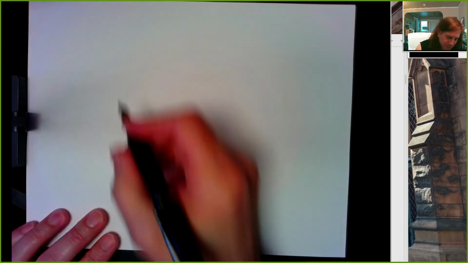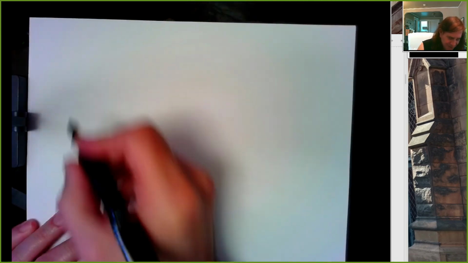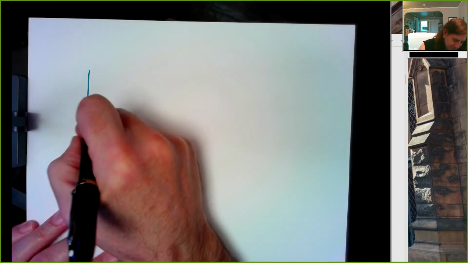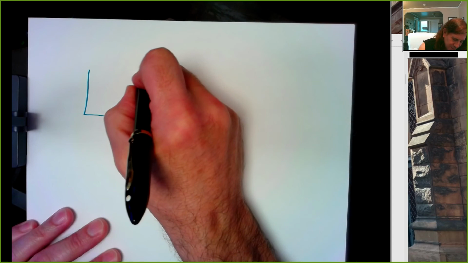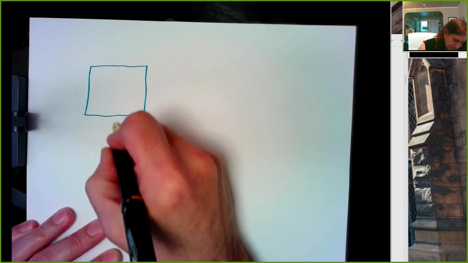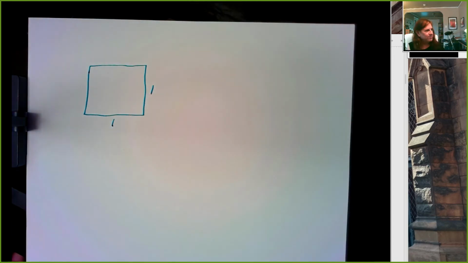And Pythagoras and his disciples, being clever people, eventually made themselves a problem, which was that they studied geometric shapes, and here's a really simple one. It's a square, and each side has a length of 1.